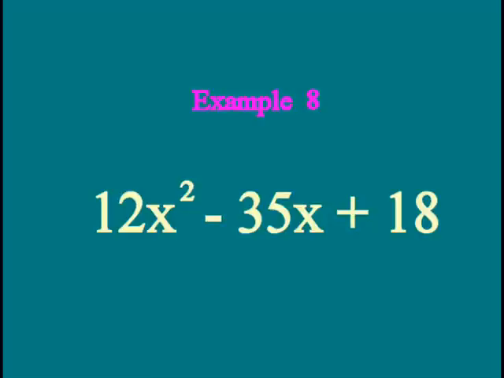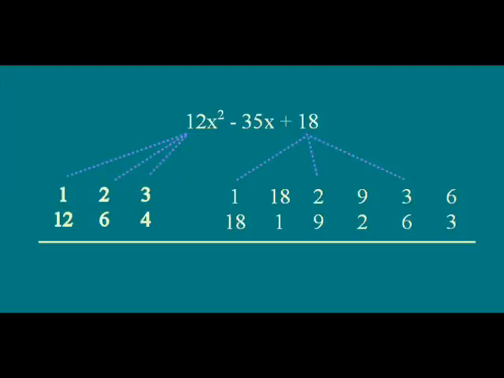The 12 factors into 1 times 12, 2 times 6, and 3 times 4. Whereas the 18 also has many factors. 1 times 18, 2 times 9, 3 times 6. Then we have to turn all those upside down, so there's 6 possible combinations.